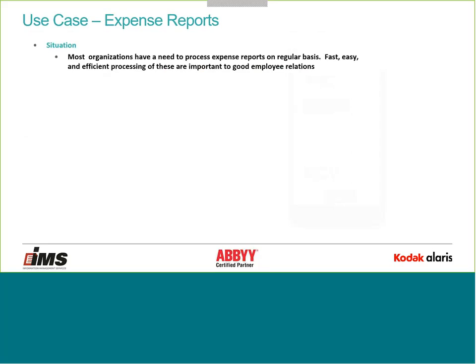Some companies have implemented some scanning, but this mobile part is really starting to take hold, because now the person can use it in a much quicker and easier way. So you want to try to get the expense reports into your system, reviewed and paid, and it helps your relationship with your employees when you have a good system for that to work.